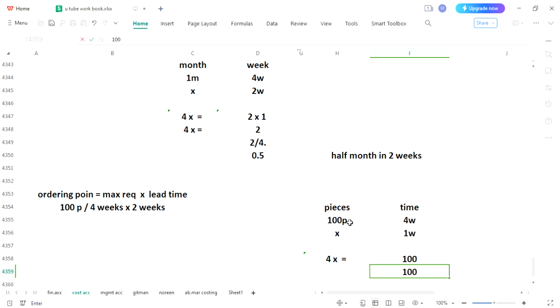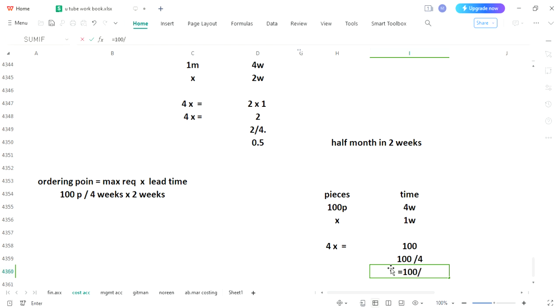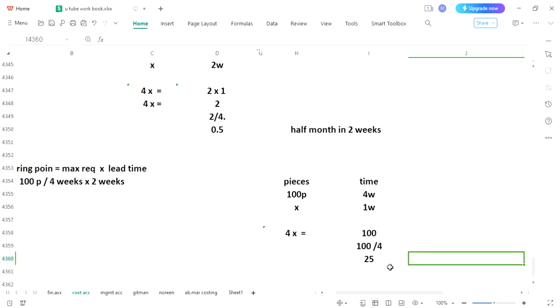If you want to take this 4 to the opposite side, the sign would be changed. 4 is multiplied, so when you change its position it would be divided. So 100 divided by 4 gives 25, and what we have calculated is pieces per week.